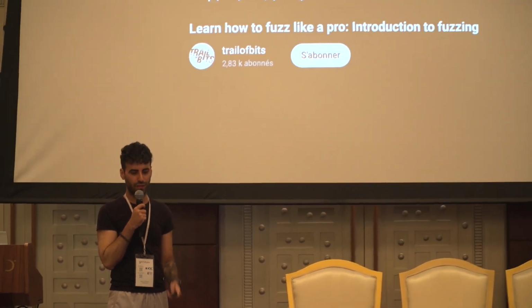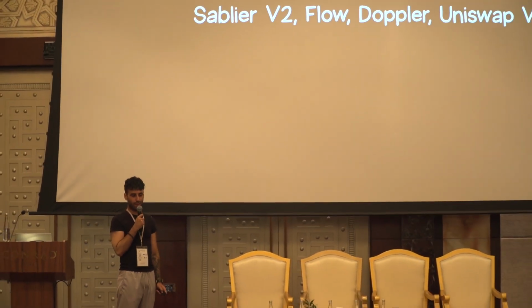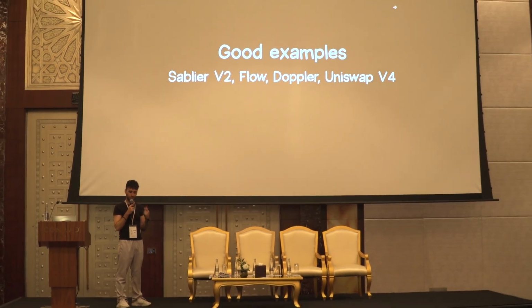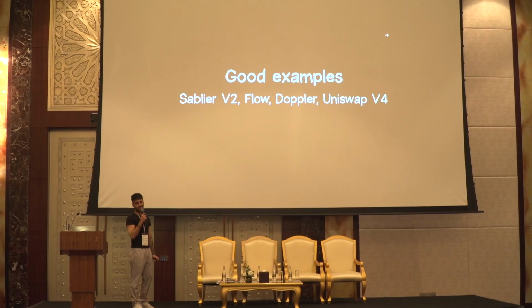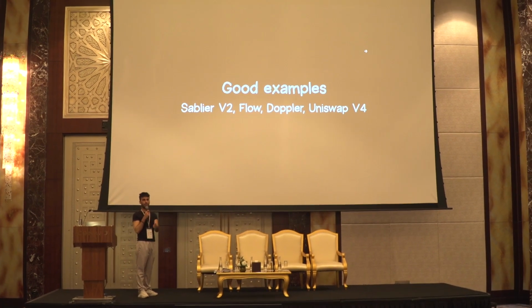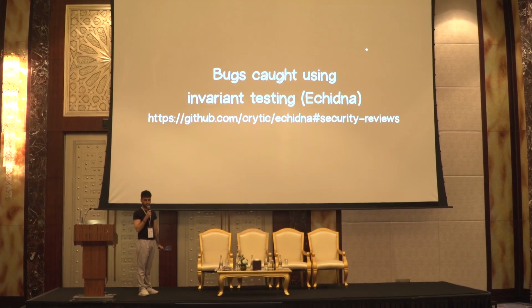It's actually not one video, but I think 10, so you have 10 hours of tutorial on how to use Echidna. It's pretty dense, but very interesting. Good examples: Sablier V2, Flow, Doppler, my own contract. And Uniswap before: Trail of Bits used Echidna to write very good invariant tests for V4.